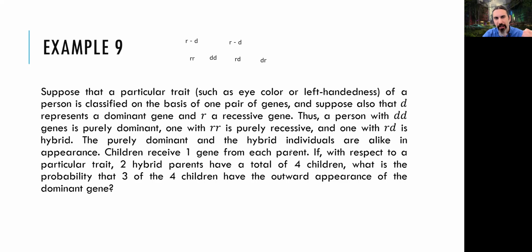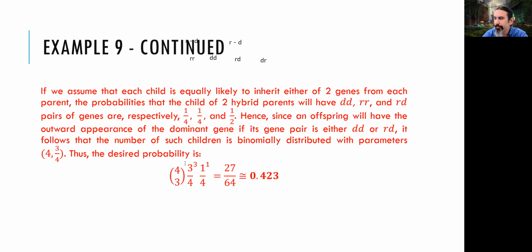And my number of trials, N, is 4. They have 4 children, and they're asking the probability that 3 of them have that appearance. So I is 3. So I have the numbers already. P is 0.75, N is 4, and I is 3. All I have to do is plug these into the equation, and we're done. So we plug them in like this, and we get 0.42.